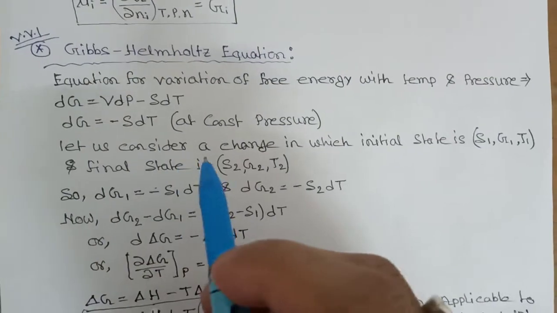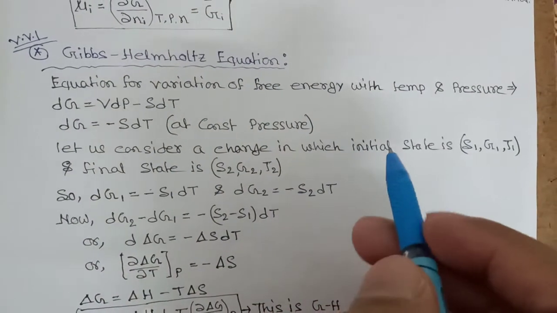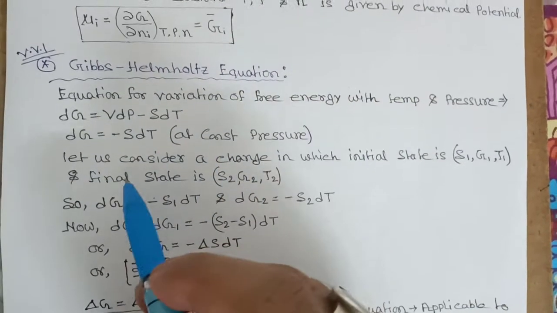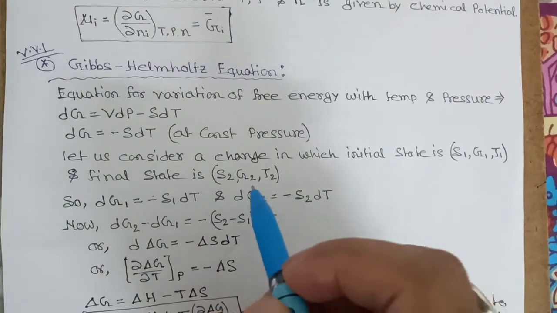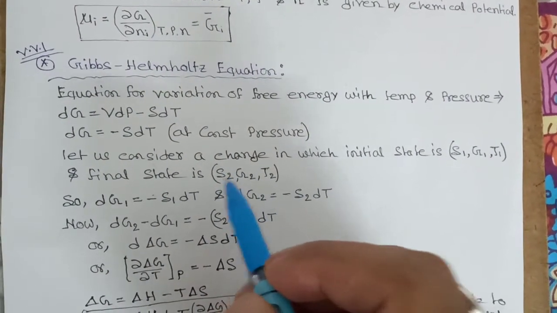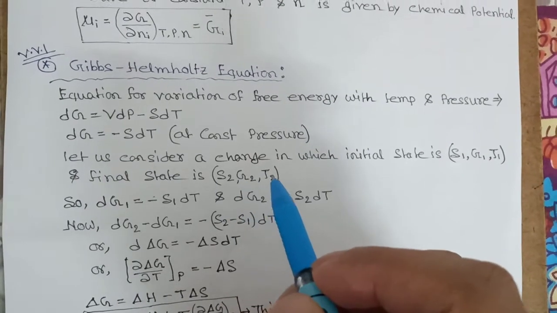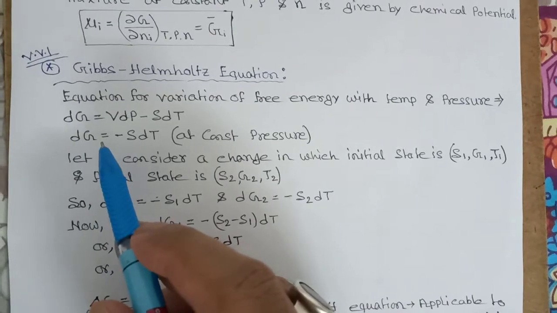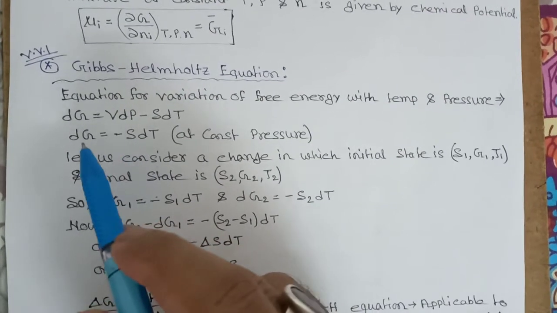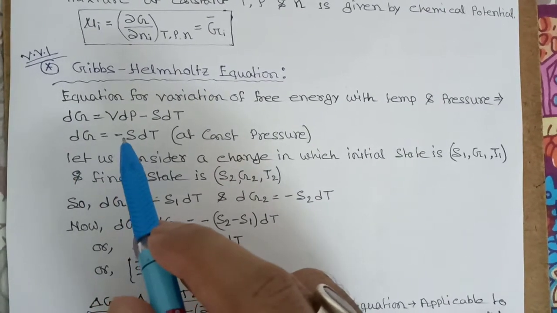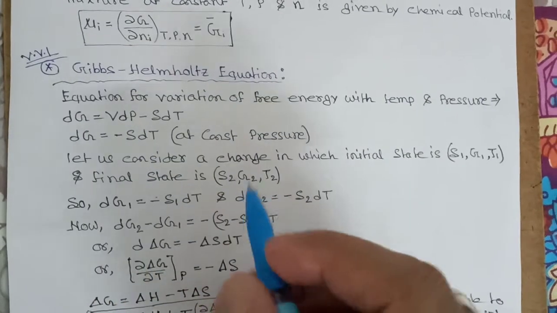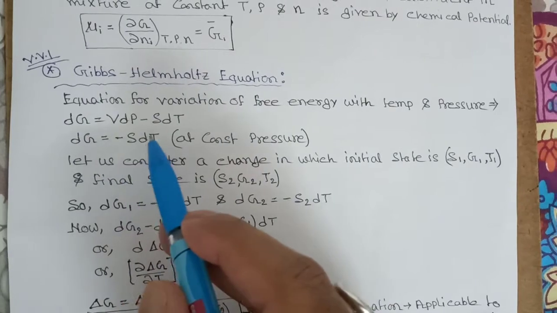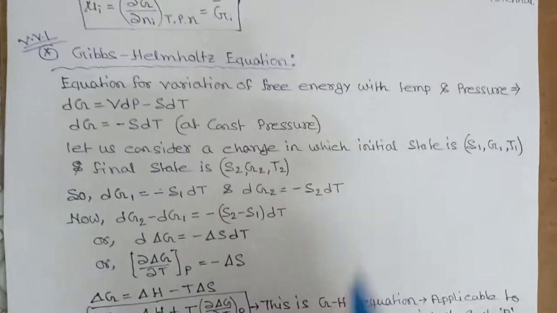Now let us consider a change in which the initial state is S1, G1 and T1 and the final state is S2, G2 and T2. Here S is entropy, G is Gibbs free energy and T is temperature. So for the initial state we can write dG1 is equal to minus S1 dT, and for the final state dG2 is equal to minus S2 dT.